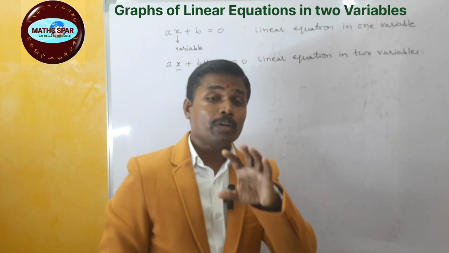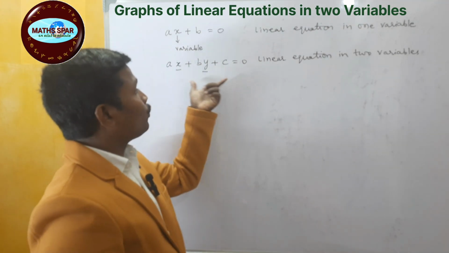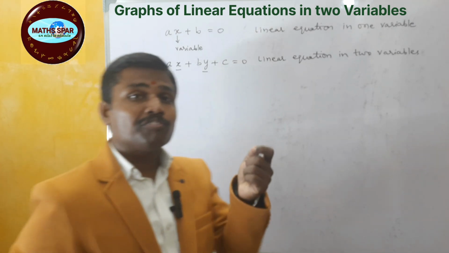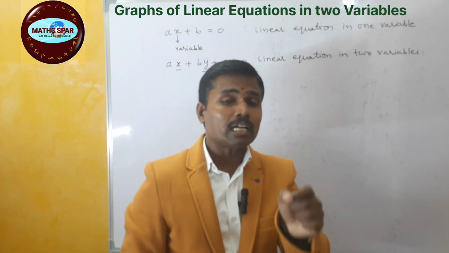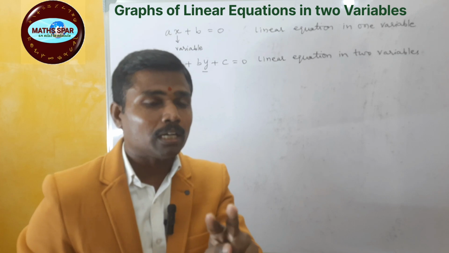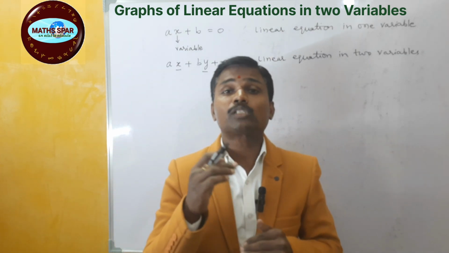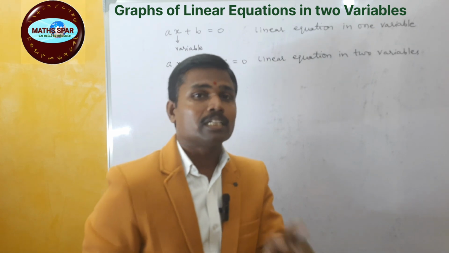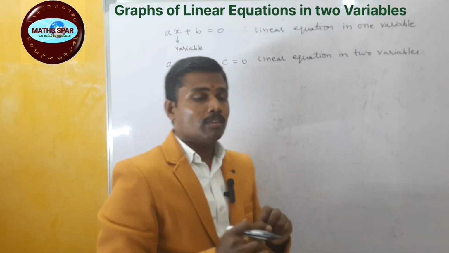In this video we are going to learn how to draw the graph for a given linear equation in two variables and how to solve two given linear equations in two variables.